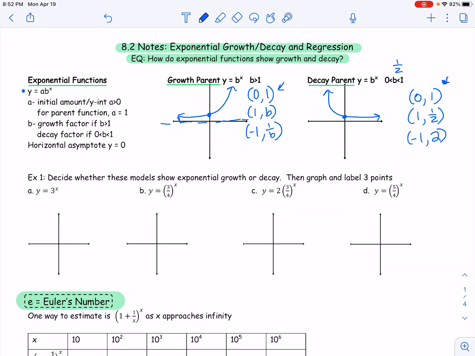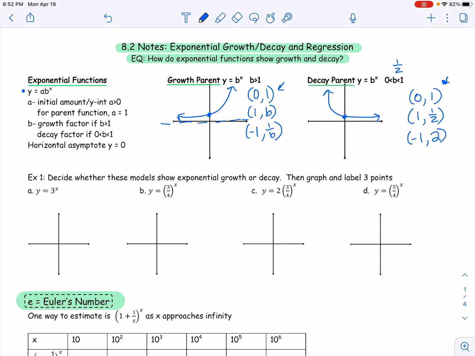But if we have an a value there, a vertical stretch or a vertical compression, it will affect that value of 1. And that is acting as our y-intercept, which is always considered to be the initial amount. So it all ties in together, okay?